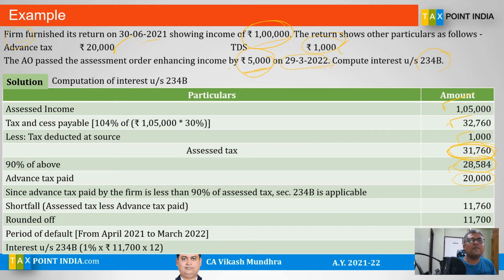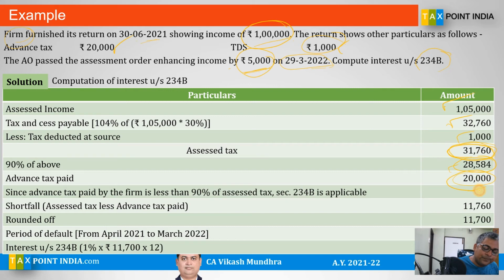Hence, you failed to pay 90% of your assessed tax by way of advance tax. Hence, the provision of section 234B is applicable. Now, we satisfied the criteria where we are liable to pay interest under section 234B.